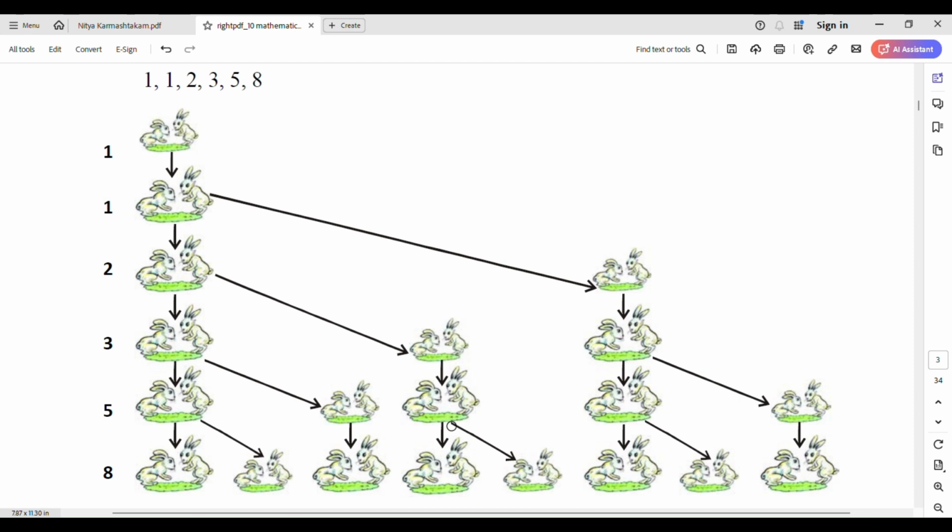And this one will start producing from the fourth month, and like this. So if you see the total number of rabbits, there is one pair here, one pair here, there are two pairs here. There are three pairs here, there are five pairs here, there are eight pairs here, right?